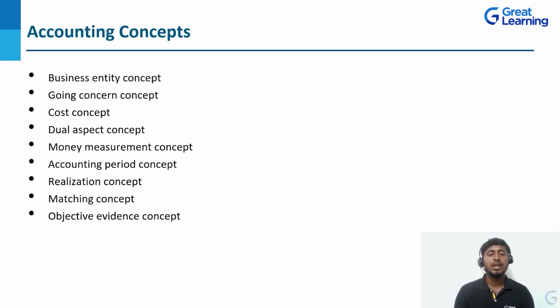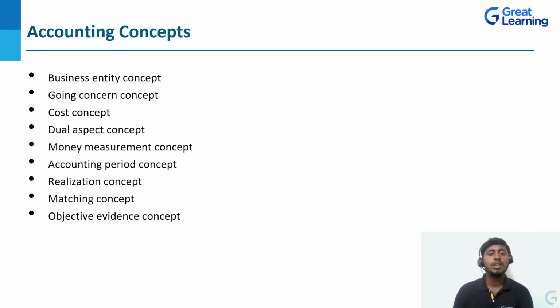If a difference is there, we do balance carried down or balance brought down, correct? Or for example, in the trial balance, we need to match our debit side with the credit side. In the balance sheet, we need to match our asset side with the liability side. So we need to match both the sides.